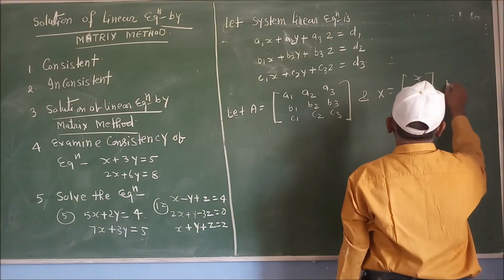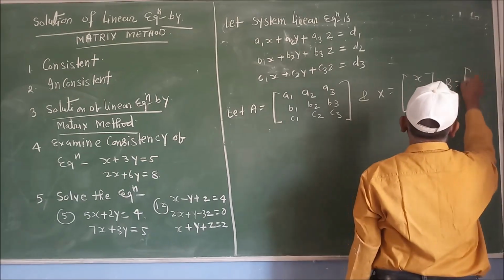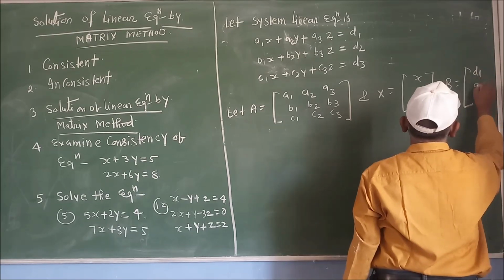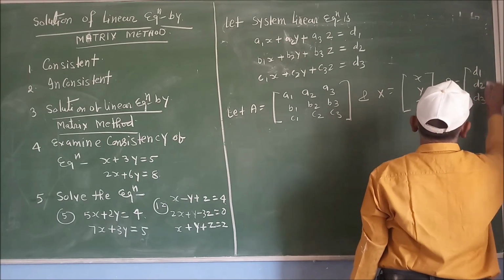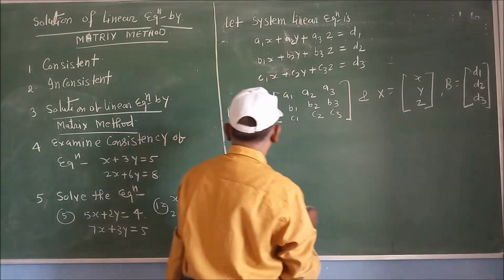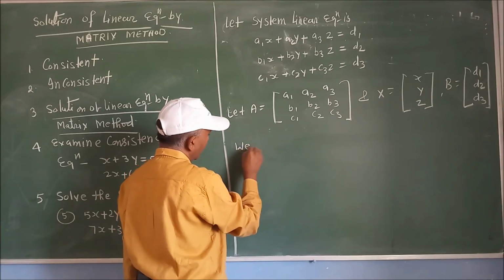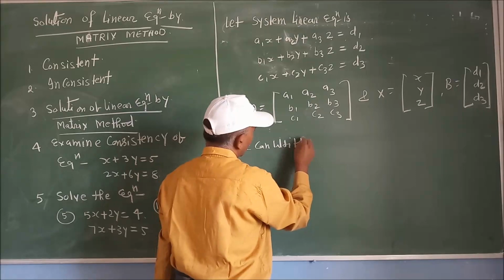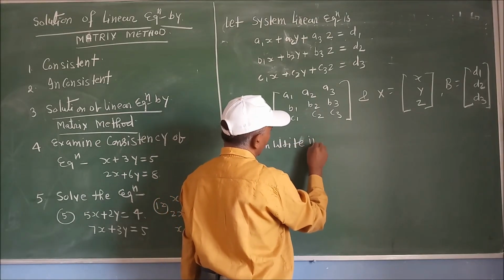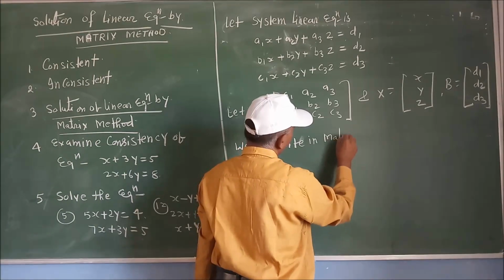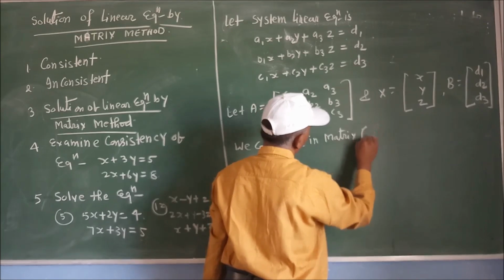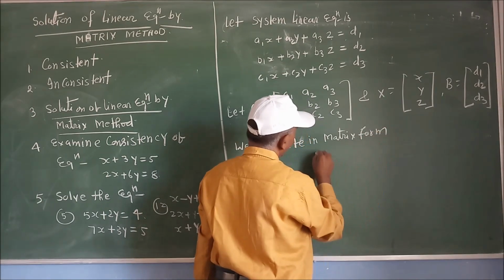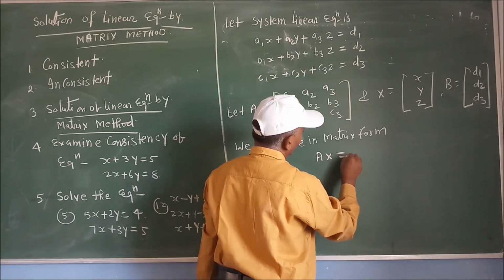Let X be the column x, y, z, and B the column d1, d2, d3. See here, we can write this equation in matrix form as AX equal to B.